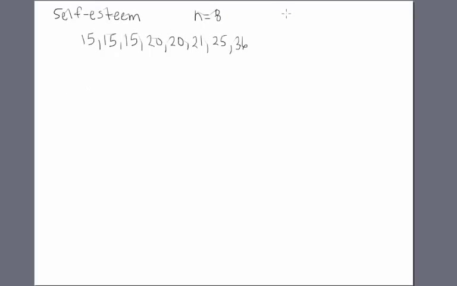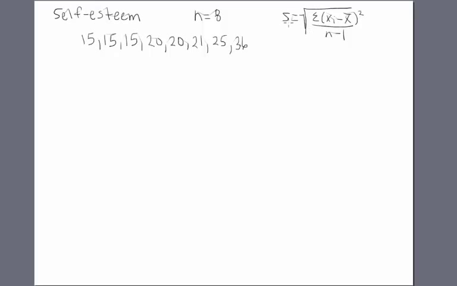Remember, the formula for calculating sample standard deviation is the square root of the quantity x sub i minus x bar squared over n minus 1.